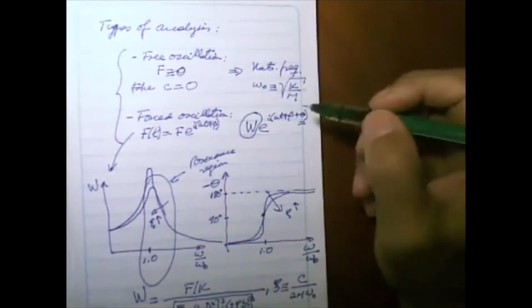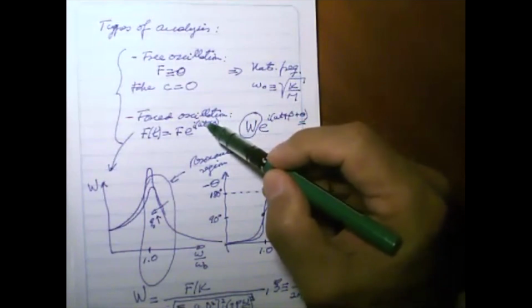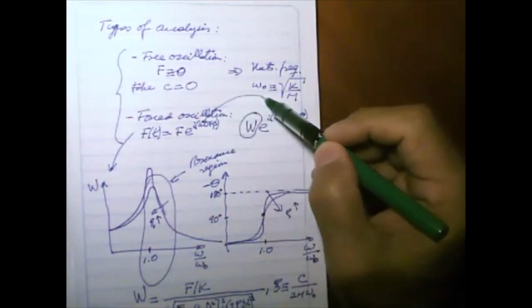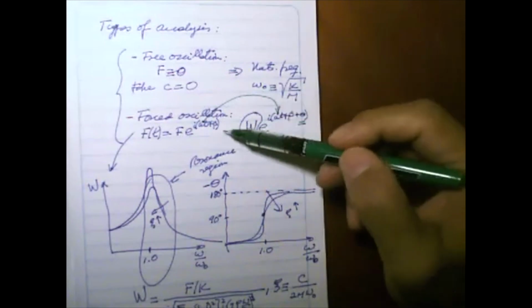Okay, so before we close up, there are some facts that we should have in mind. If we have an excitation with the frequency omega, it's like a mark that will be shown in the response.